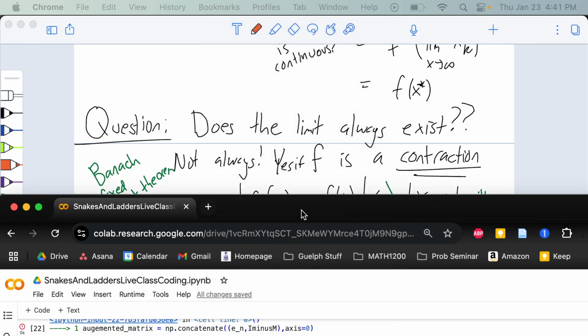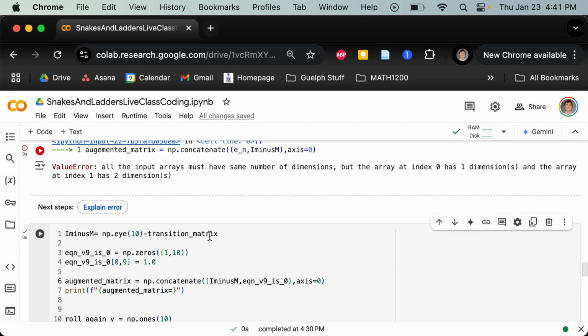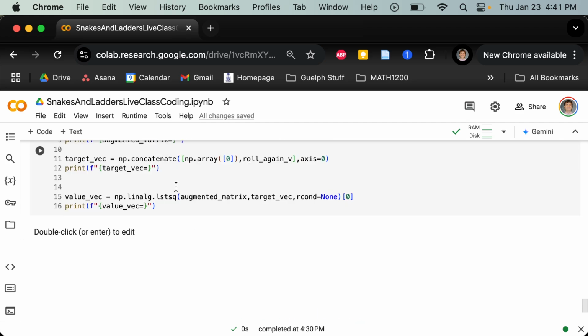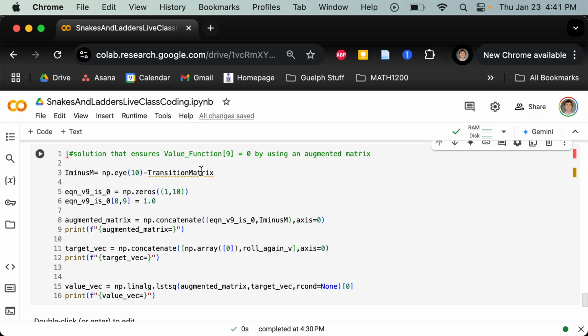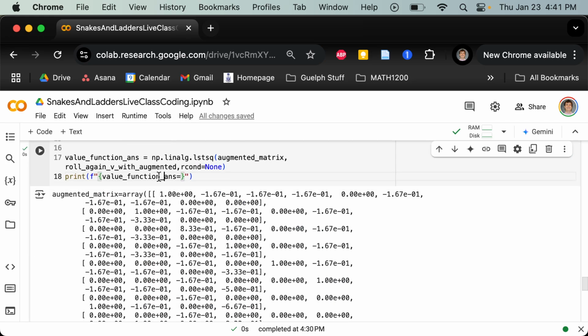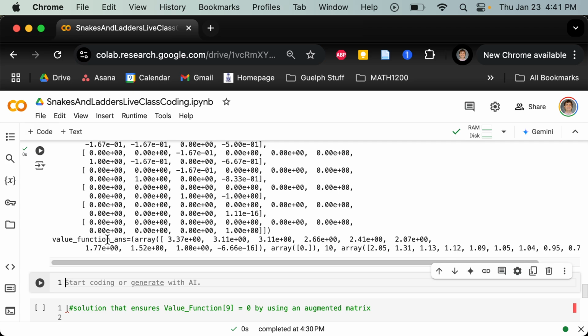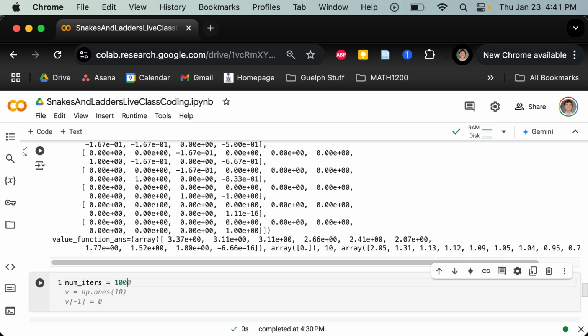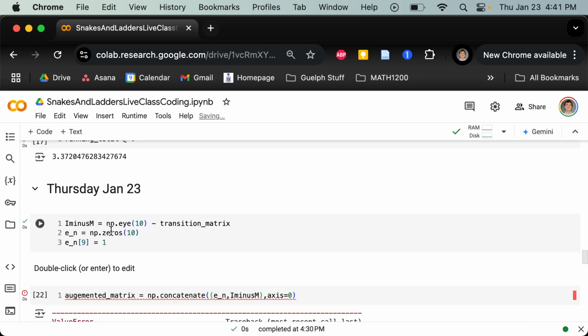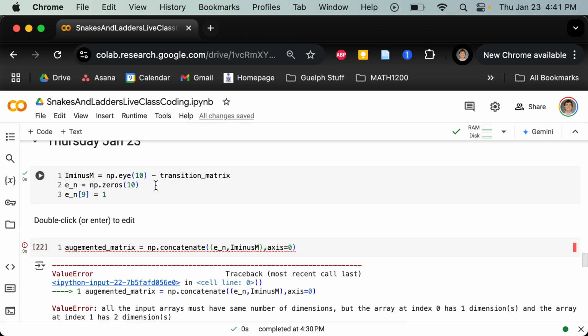Okay. So instead of doing all this stuff with augmenting the matrix and worrying about least squares versus solve, all you got to do is do a loop, and you're going to have some number of iterations. That's the number of times you're going to press the button on your calculator. And I'm going to start with the transition matrix.